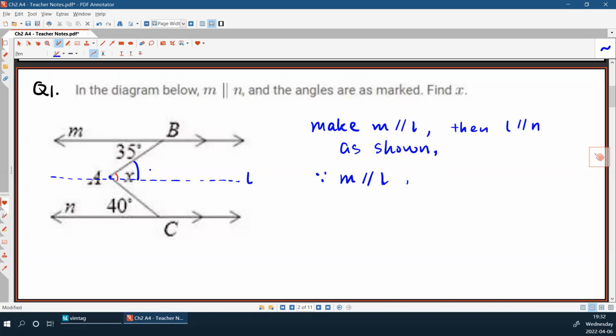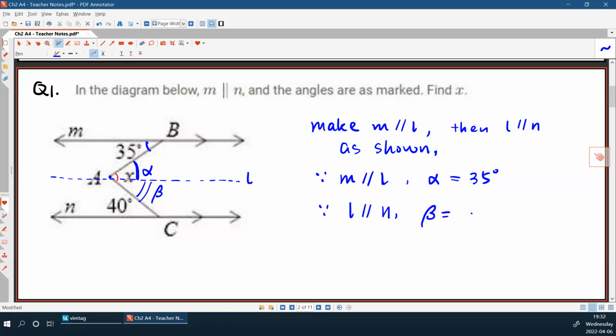Because line M is parallel to line L, let's call this angle here alpha. Alpha is 35 degrees, because 35 degrees here and alpha here are alternate interior angles, so they must be congruent. And because L is parallel to N, let's call this angle here beta.